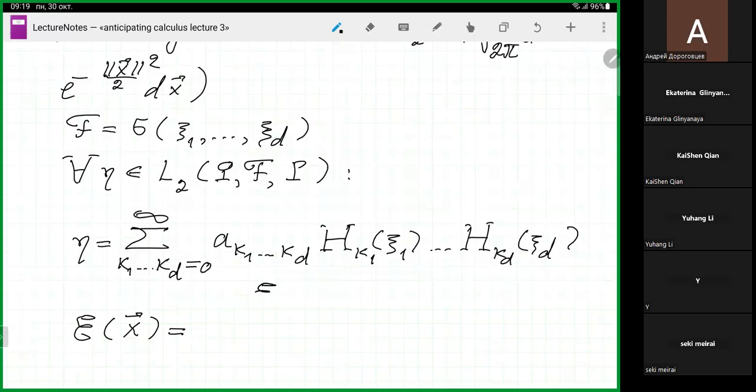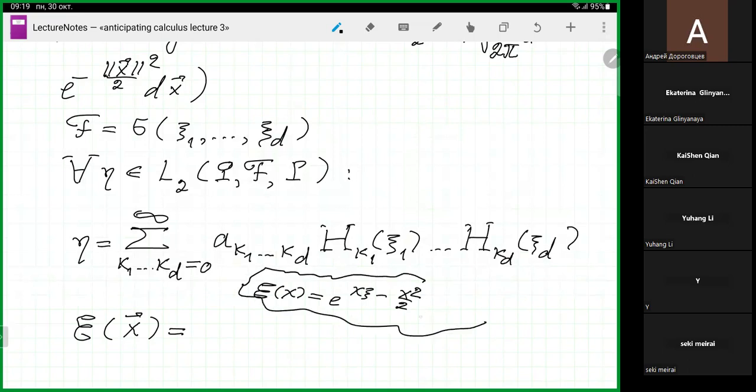You remember, in the one-dimensional case we have E(x) equal to exponent of x xi minus x squared over 2, when d equals 1.